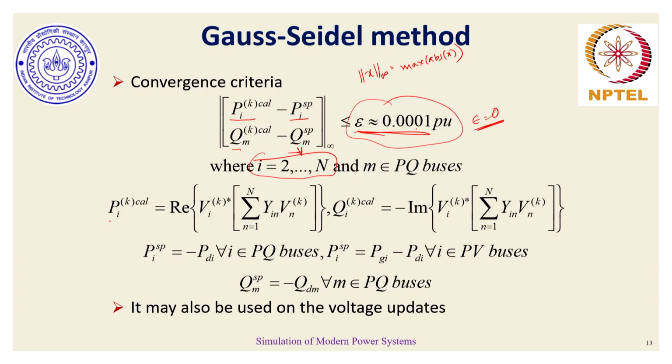We find the corresponding calculated values as per the expressions given over here, and the same convergence or tolerance check can be made on voltages also, because in every recursion the voltages are also getting updated.